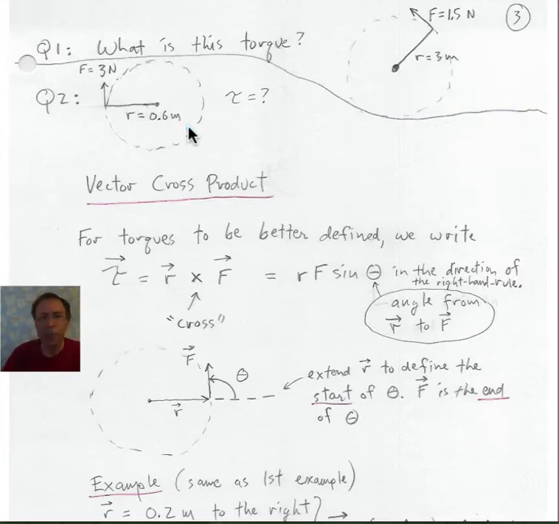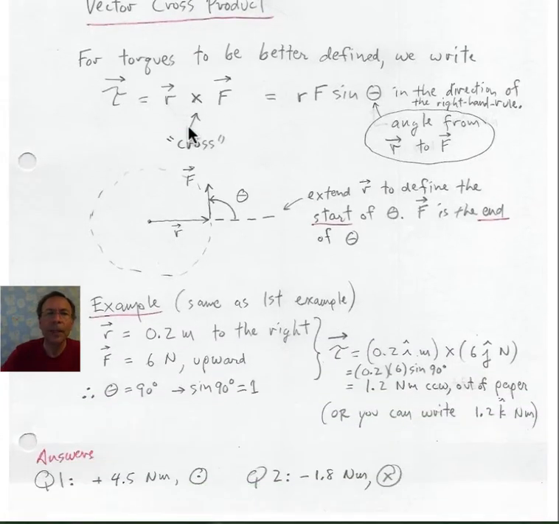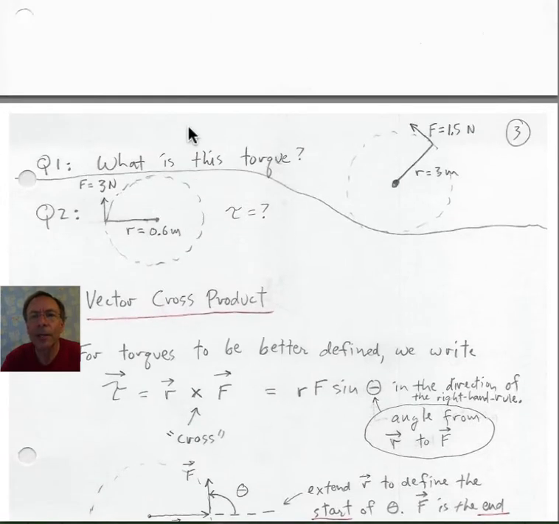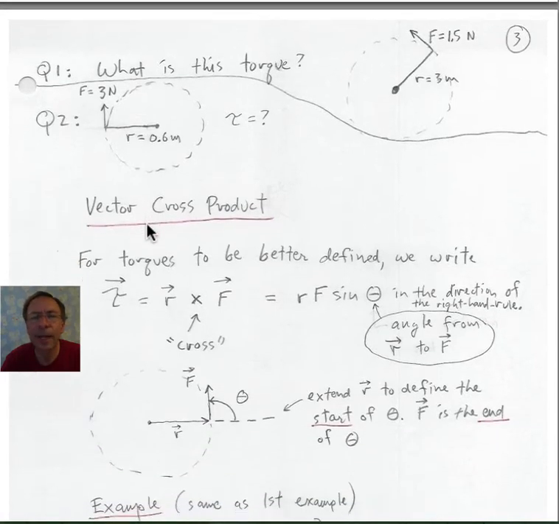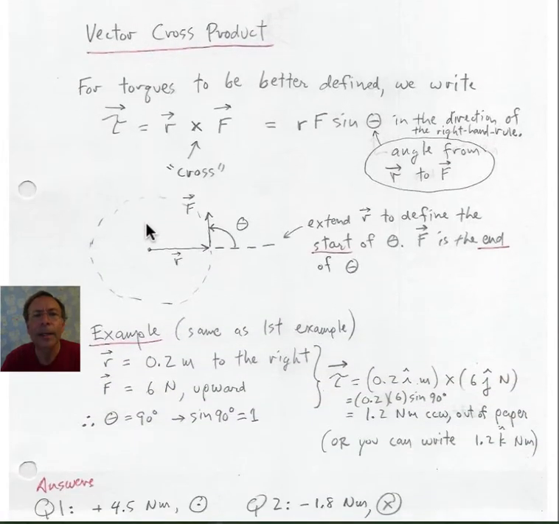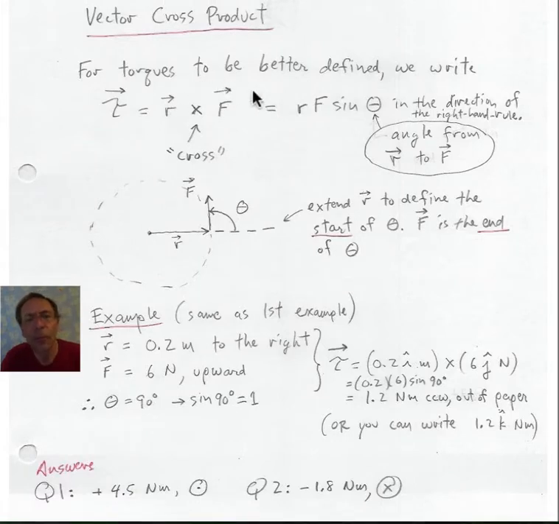Okay, let's move on a little bit. Now, the way I've drawn these up here, notice that this is 90 degrees, but it doesn't necessarily have to be that way. So to take care of that case and to do a better job of defining torque in general, we're going to introduce a new thing called the vector cross product.